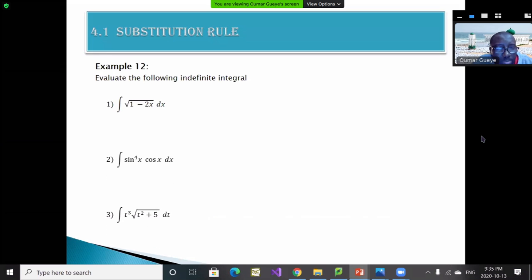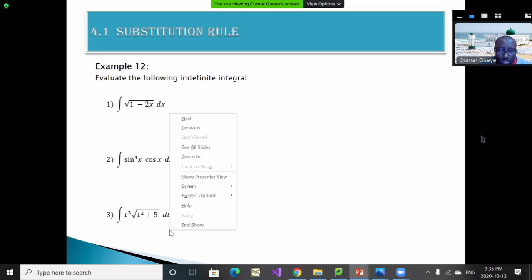All right, for the third example, you guys can tell me what you can use as your u in order to simplify. The square root. Exactly. You can set u, your inner function, to be t squared plus 5, and you calculate du.